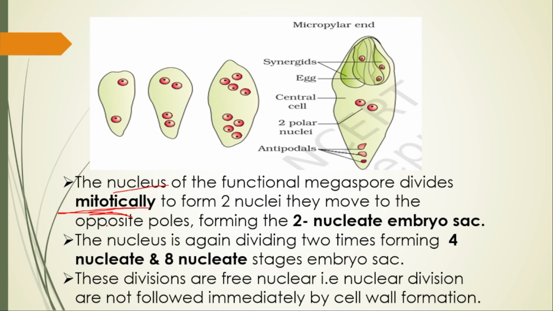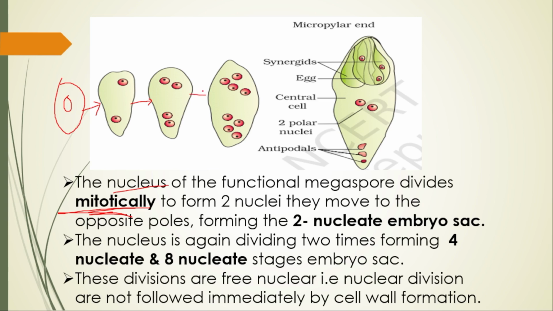They move to opposite poles. See, this is the functional megaspore, which will undergo mitotic division. Only nuclear division, the nucleus is going to be divided. 2 nuclei are formed, and they move to opposite poles. Again a second mitotic division, only nuclear division.